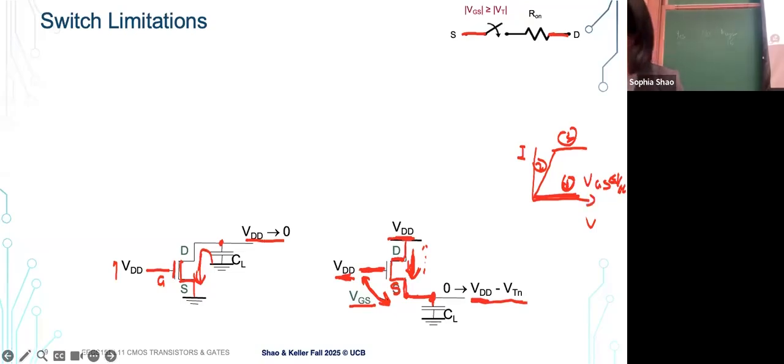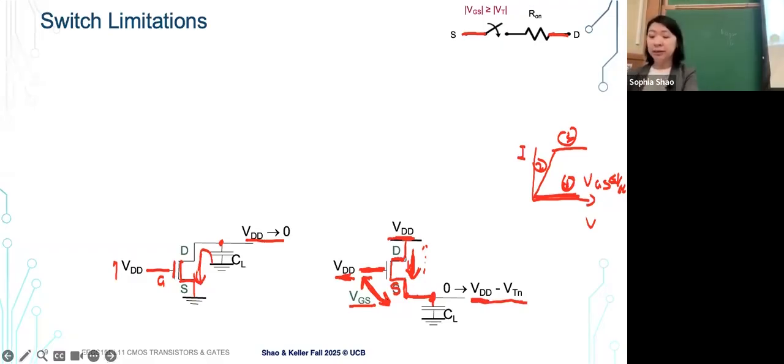So for NMOS, if our output is connected to the source node, it's not a perfect VDD. It's VDD minus the small threshold voltage that controls the channel here. Does that make sense?